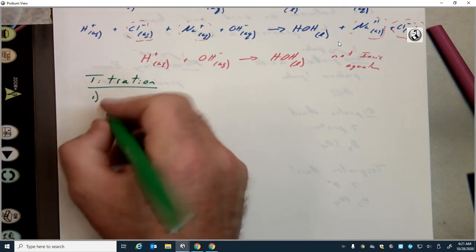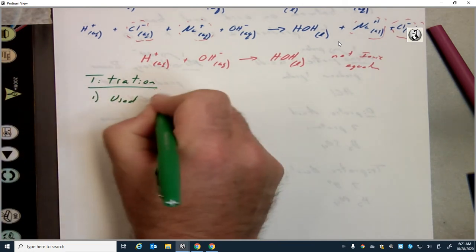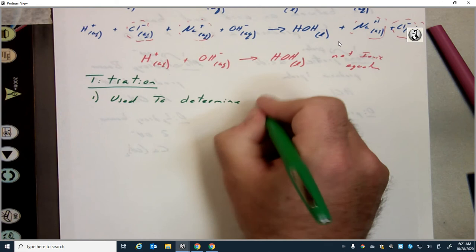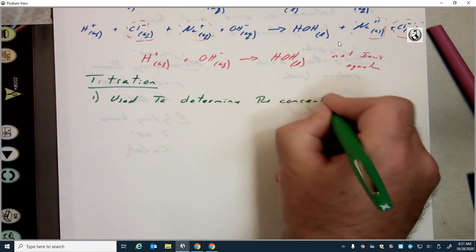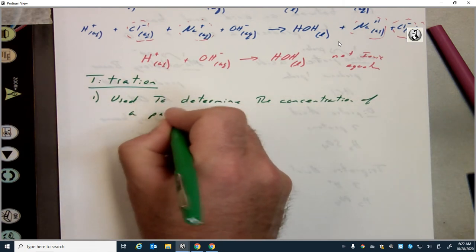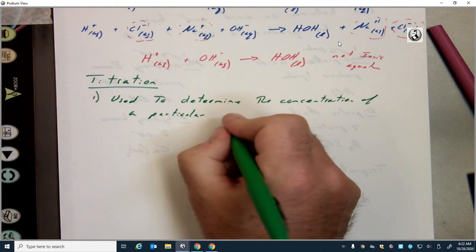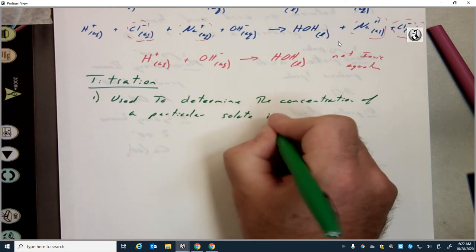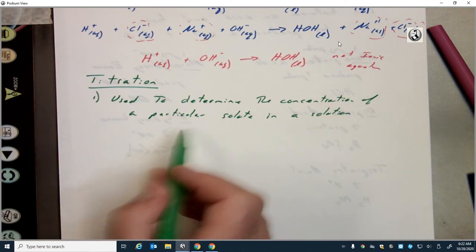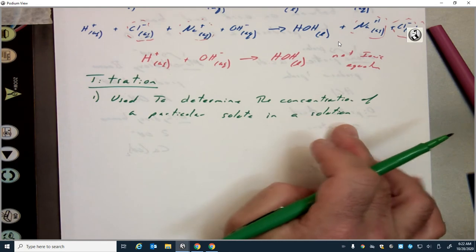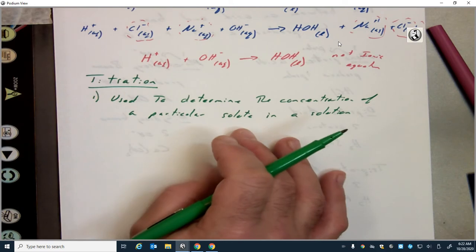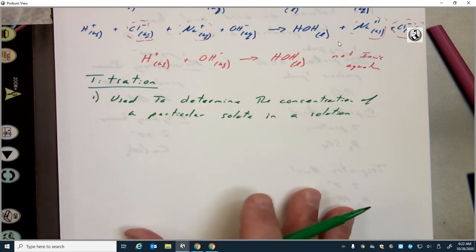So titration is used to determine the concentration of a particular solute in a solution. Now, in your regular chem class, you use this to figure out the unknown concentration of an acid or an unknown concentration of a base. Okay? It's not just that. We can do that for other substances too.